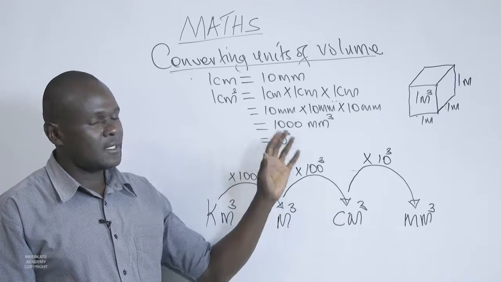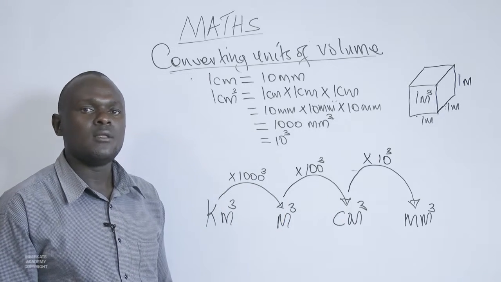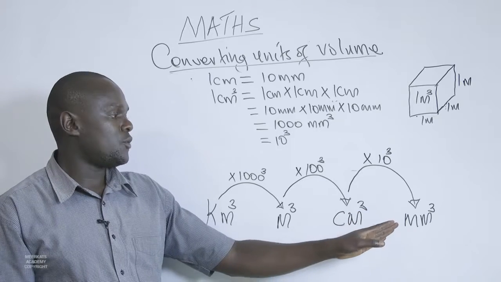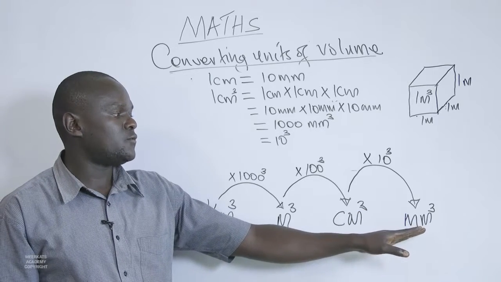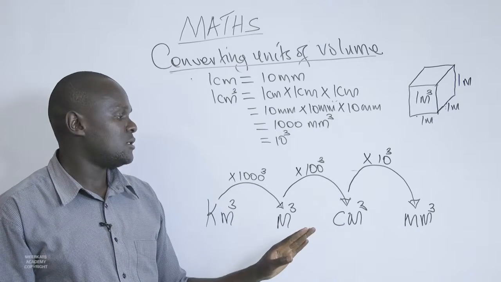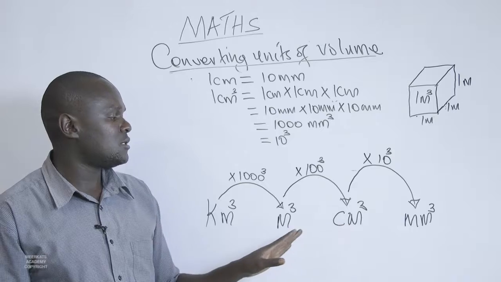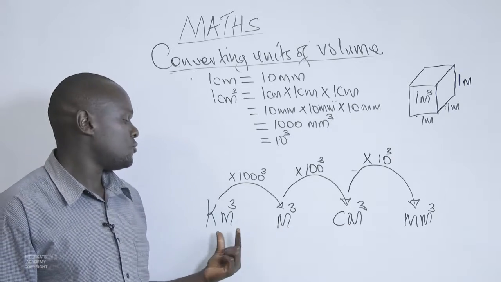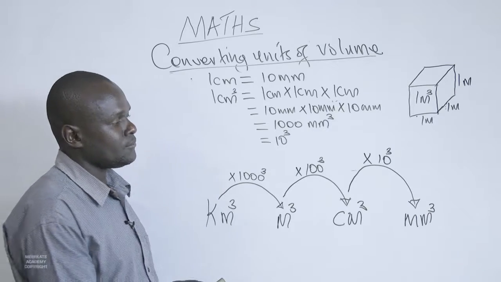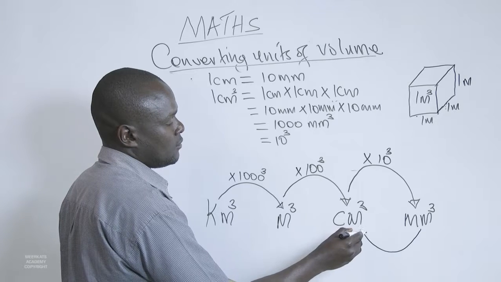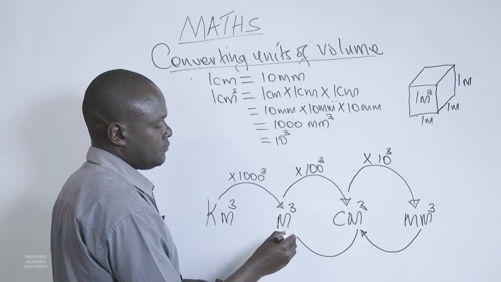And just like we did with the conversion of units of area, we can also have a situation where we are required to convert from cubic millimeters to cubic centimeters, and even from cubic centimeters to cubic meters, and finally from cubic meters to cubic kilometers. This lower route is also allowed.